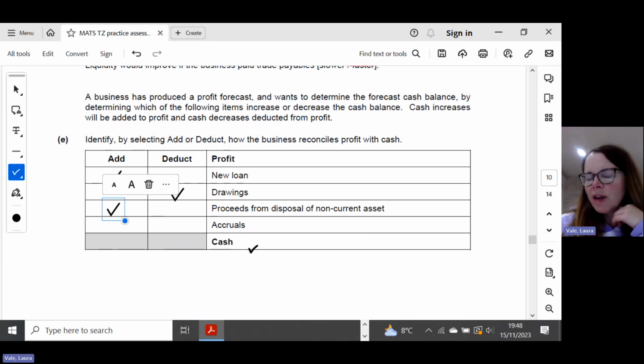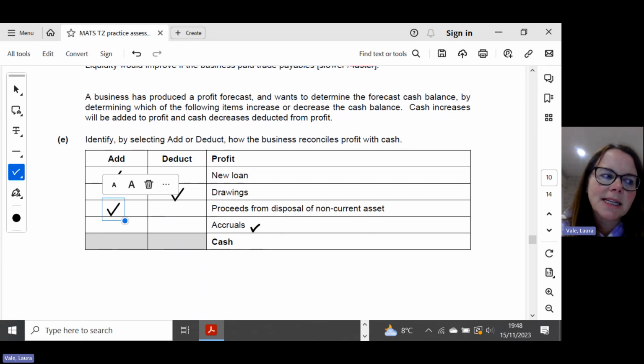And then accruals. Now this is a little bit grey because it doesn't say accrued expenses. But I think in the absence of any comment, it's fair to assume that accruals will be accrued expenses. So what happens when we accrue an expense is that we put through more expense that we haven't yet paid for. And this is a bit harsh on some of you because you might not have done the FAPS unit yet, which is the financial accounting.